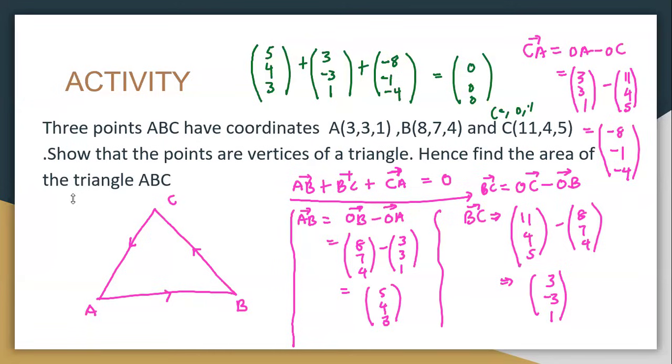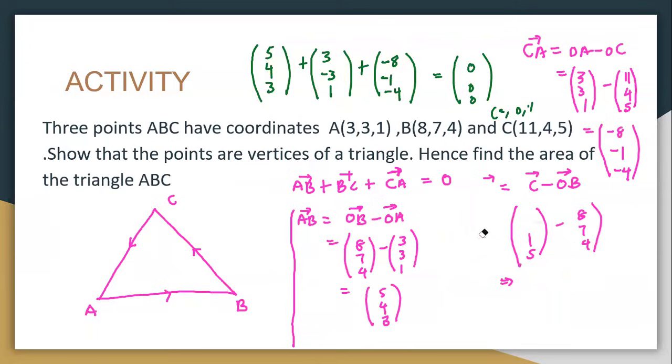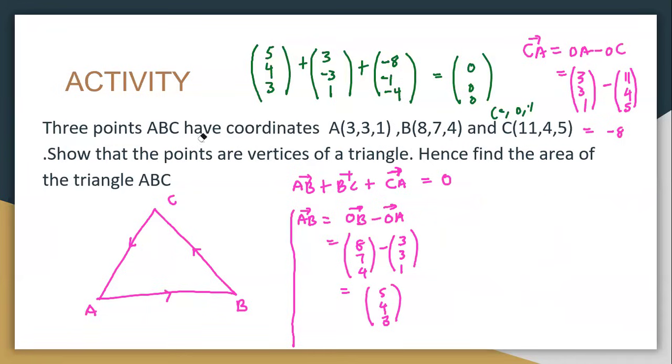Since we do not have the angle here, I expect you to use the cross product. When finding the area, make sure that you have a common point. So I can say A, B, and C.